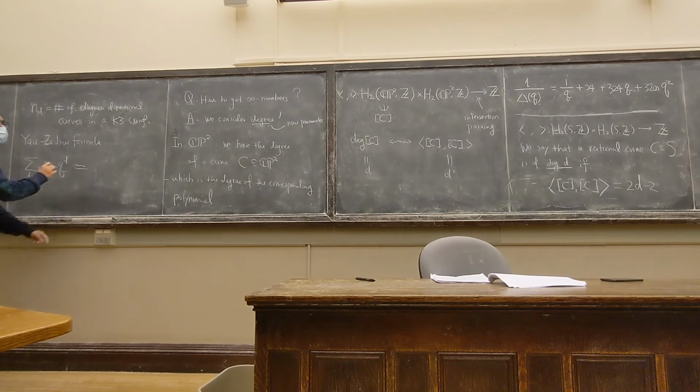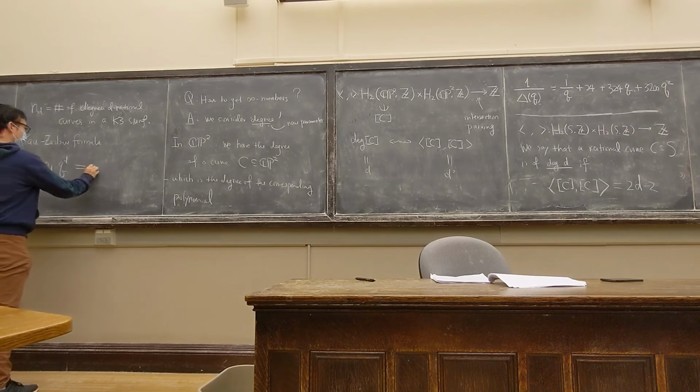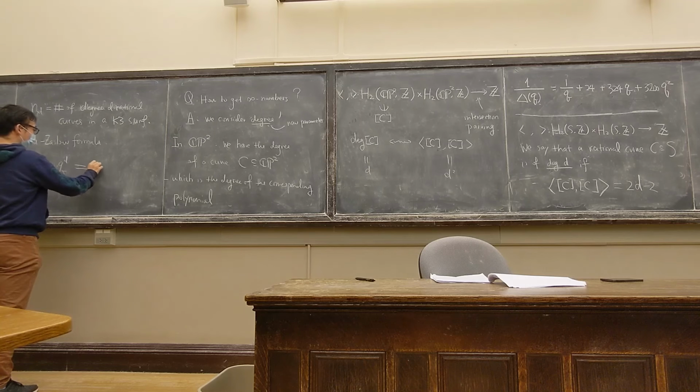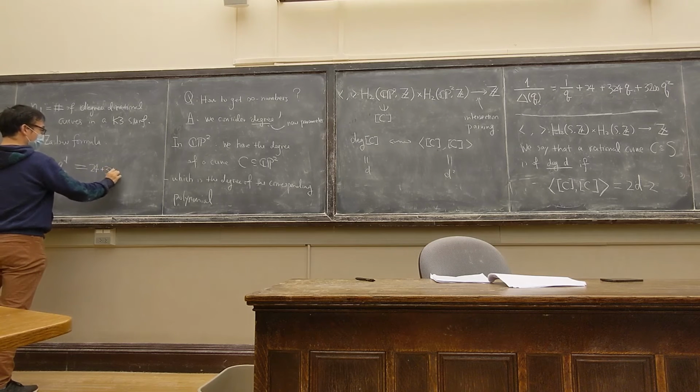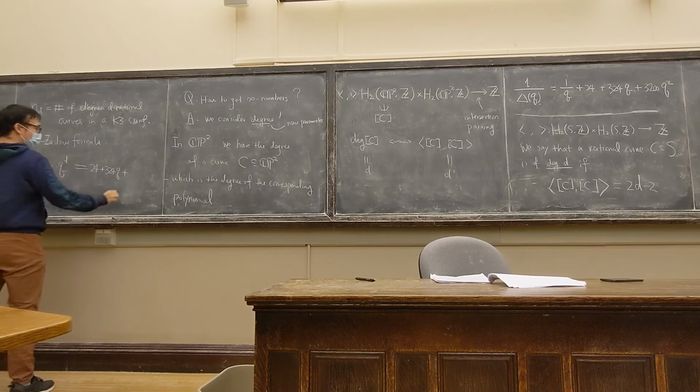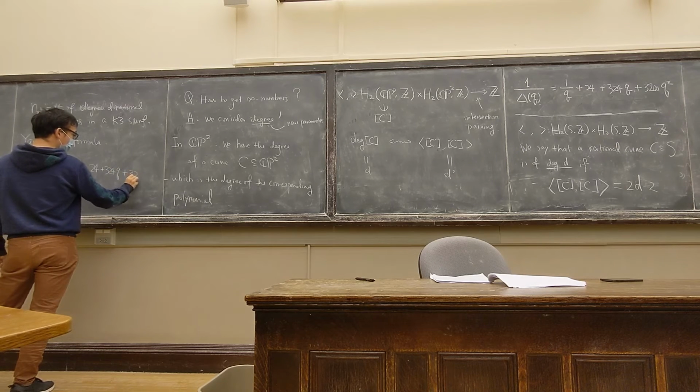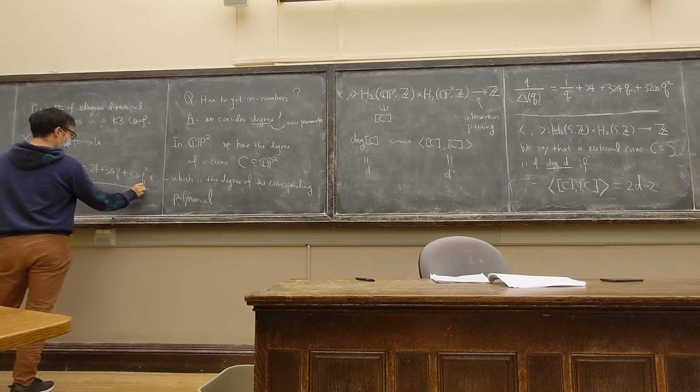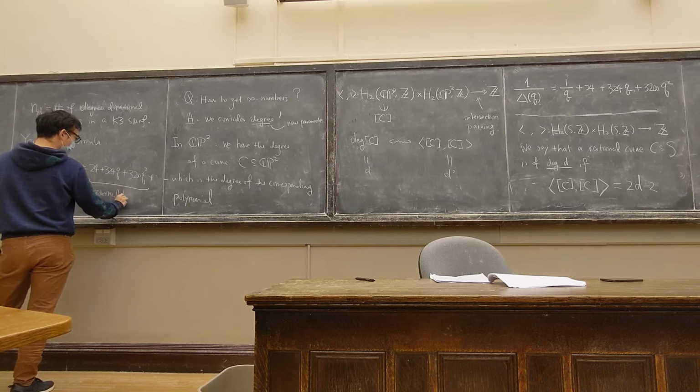Then you have the first number 24, and the next one is 324 Q, and the next one is 3,200 Q squared, and so on. So this is governed by delta.